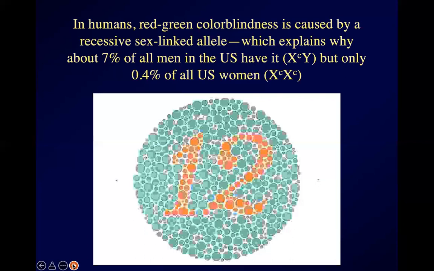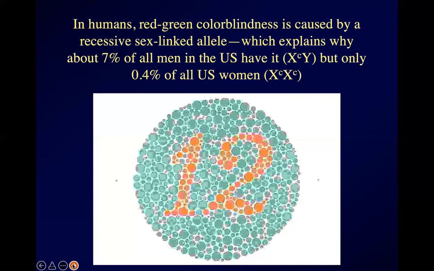And the reason is that for a woman to have it, she has to be homozygous recessive. She has to have 2 X chromosomes, both of which are carrying the color blindness allele. If you're a man, you only have to have 1 X chromosome that has the color blindness allele. And a woman can be heterozygous.